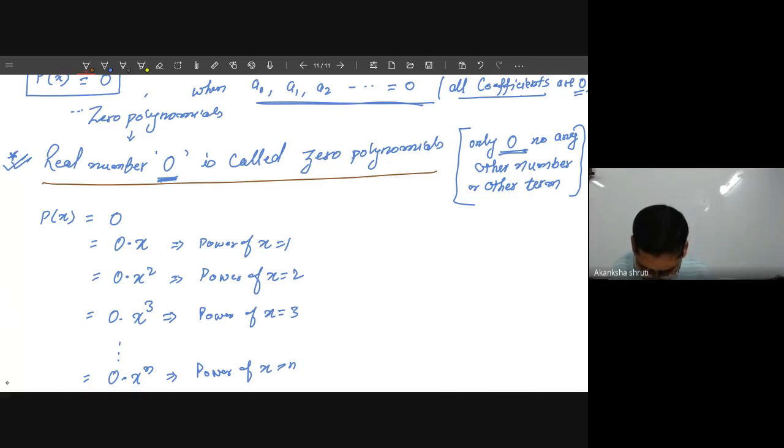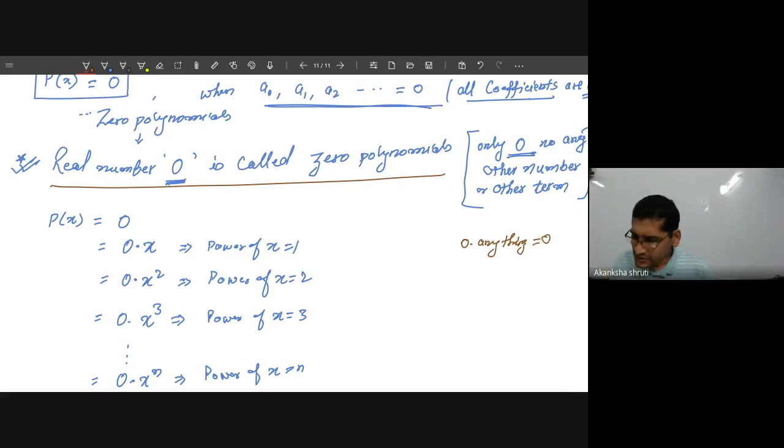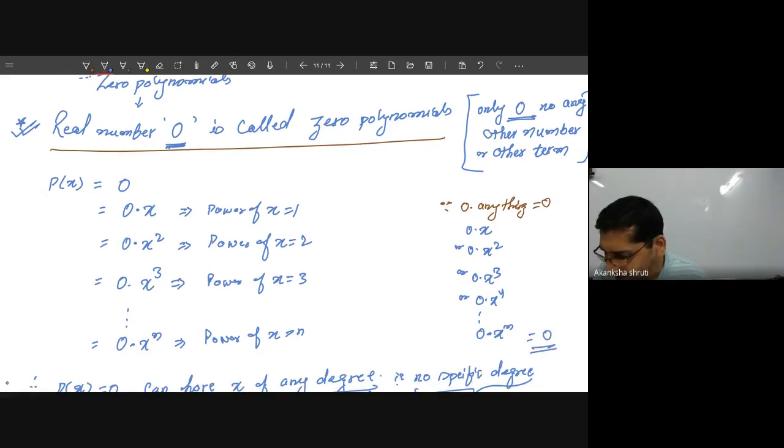Since the number zero multiplied by anything gives zero, whether I take x, x square, x cube, or x to the power 4, 0 into x, 0 into x square, 0 into x cube, all these values are 0 only.